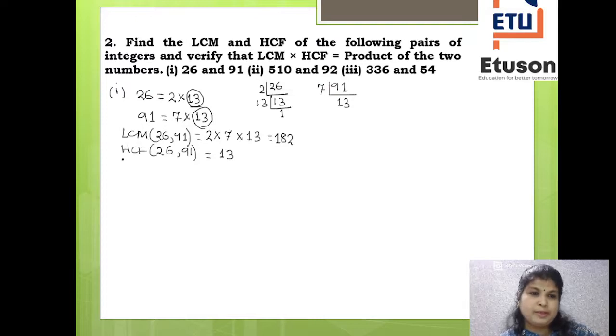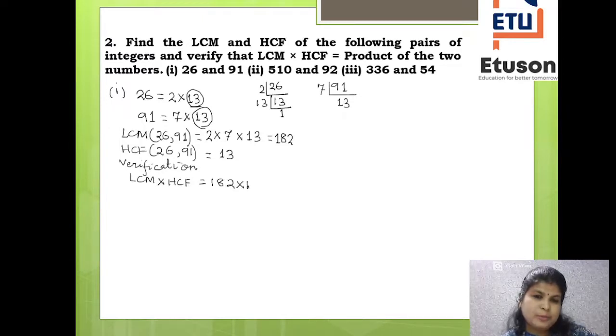Now what you have to verify is that LCM into HCF is equal to the product of the two numbers. So verification: LCM into HCF. LCM here is 182, and HCF is 13. So 182 into 13 is equal to 2366.